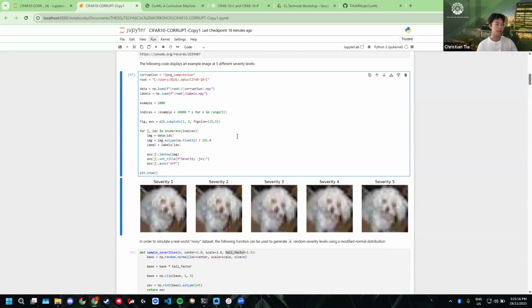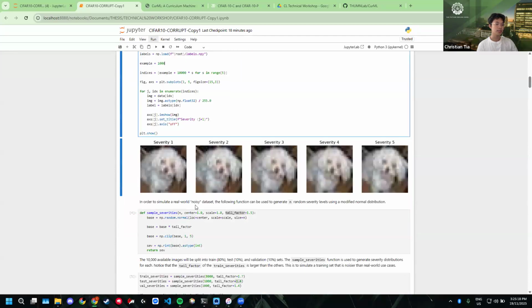My goal here in selecting this data set is to simulate a real world noisy data set where there can be a distribution of severe to very severe noise in the images.